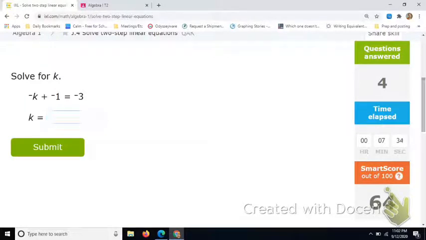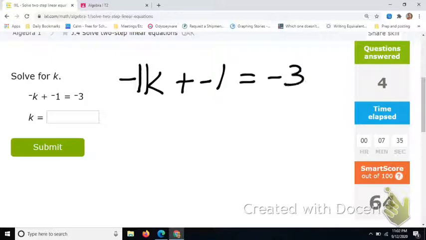So -k. Remember that a negative variable is like it has a -1 as its coefficient. It's like -1 times k, or the opposite of k. So it may help to slide a 1 in there to think about it that way.